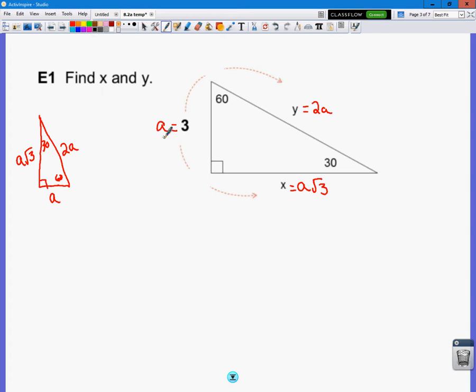Well, if A is equal to 3, what can I put in place of this A that's here? 3. X equals 3 square root of 3.